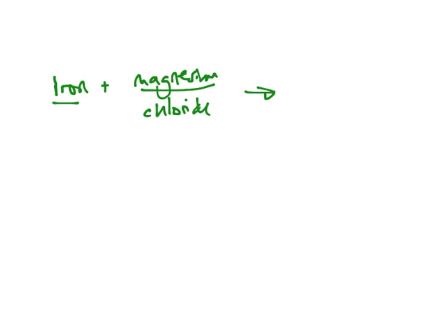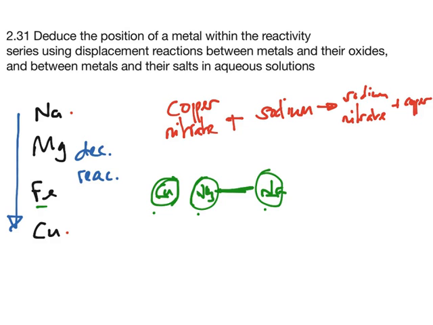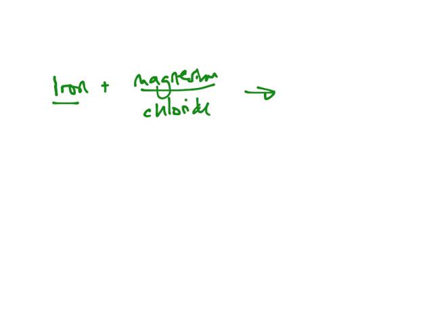If it is, it will displace the magnesium and form iron chloride and leave out the magnesium. If it's more reactive. If it's not more reactive, it can't do that. Let's have a look. Iron is less reactive than magnesium. So if iron is less reactive than magnesium, it's not able to grab the chloride from the magnesium, therefore there's no reaction.